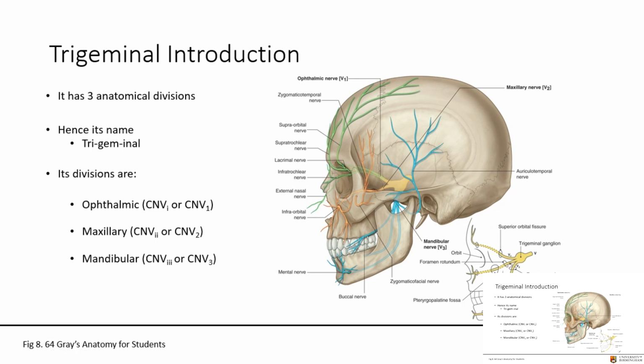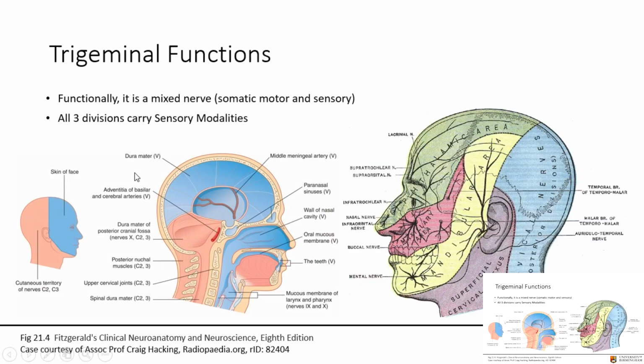Remember, as we have said before, this is a mixed cranial nerve, which means that it carries sensory but also motor components. All three divisions carry sensory information, but only the mandibular division carries a motor component.